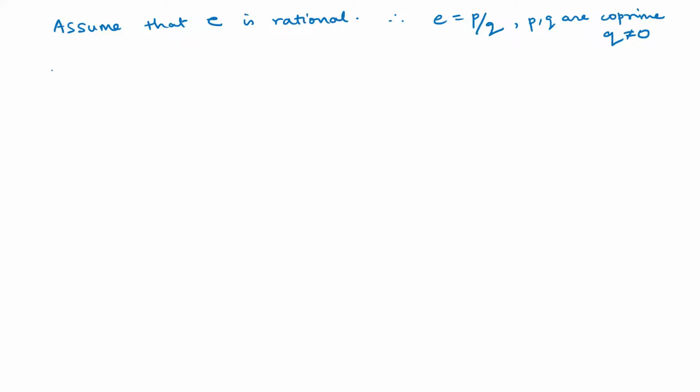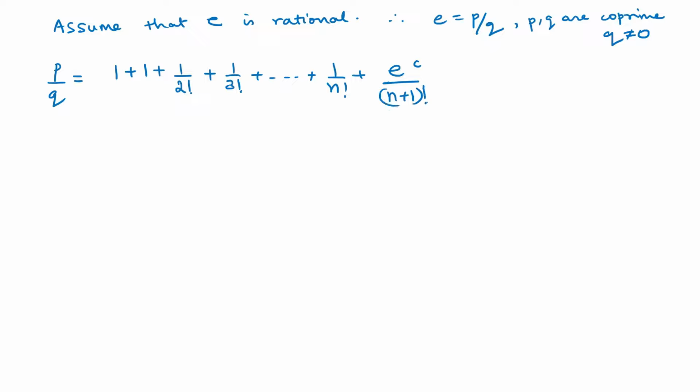So what we get is that p by q is equal to 1 plus 1 plus 1 by 2 factorial plus 1 by 3 factorial up till 1 by n factorial plus e to the power of c by n plus 1 factorial.